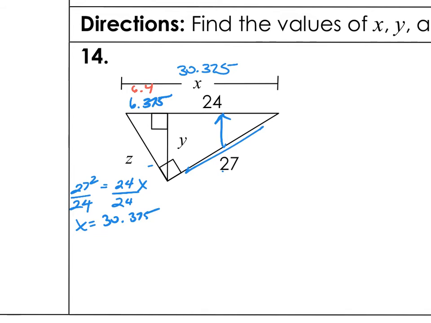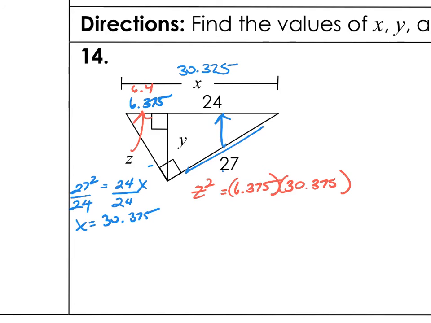Okay, so now we can actually solve for z or y. It doesn't matter which one you pick. So I'm going to do z since it's another leg problem. So z squared is equal to the adjacent segment, which is 6.375, times the whole hypotenuse, which we know what that is now, 30.375.